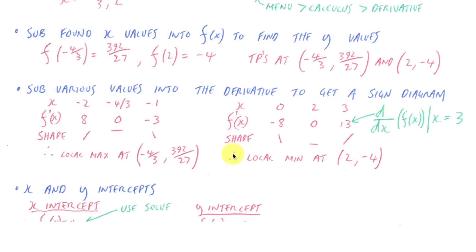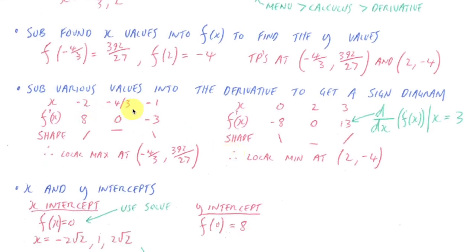Now I'm going to make use of sign diagrams. So I start with an x row, a derivative row, I'm looking at the shape, and then I make a conclusion. For where x = -4/3, so that's roughly -1.33, a bit to the left, x = -2, a bit to the right, x = -1. If I substitute the -4/3 into the derivative, I'll get a 0, and that will be flat.